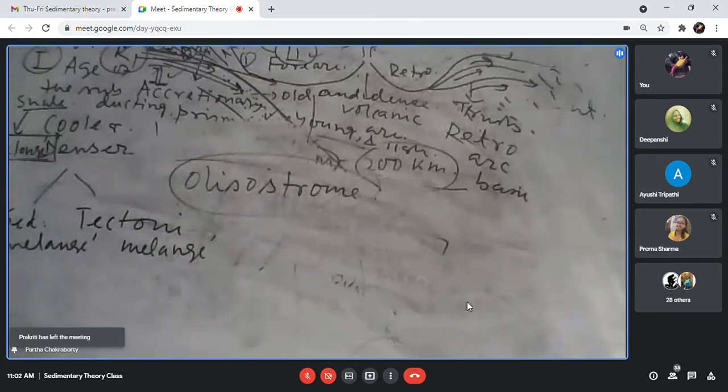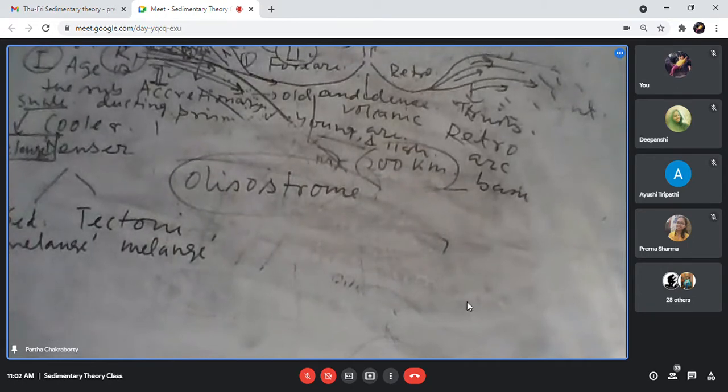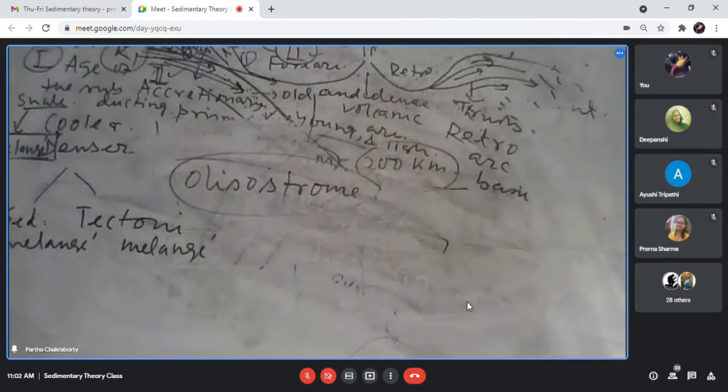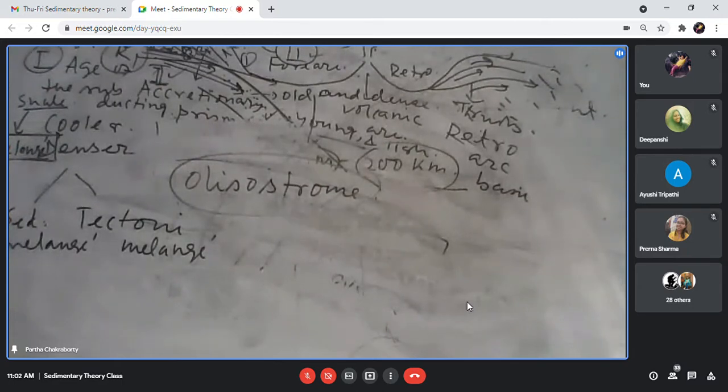So more and more thrusts will come, and that makes the outer arc. So what is outer arc essentially? It makes the slope of the trench. So outer arc is basically the slope of the trench.